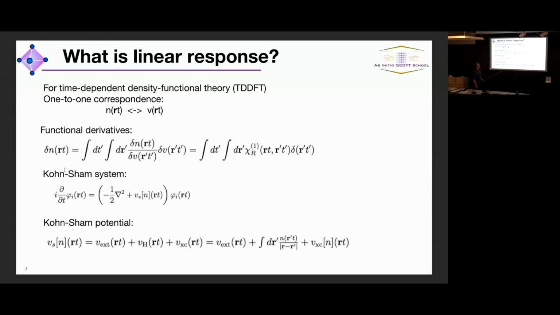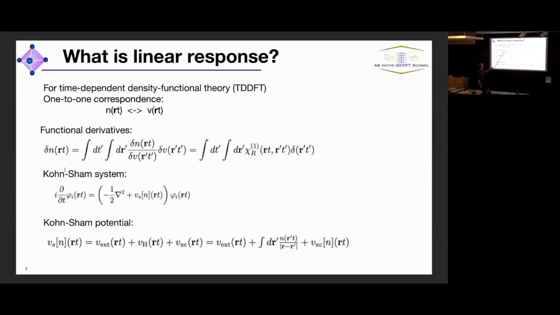And then in the DFT way, okay, there's different ways to represent that. One way to do it is in terms of the language of DFT, where everything is based on this one-to-one correspondence between density and potential, right? So these two are the ingredients in DFT or TDDFT. Then you can write down something like that, where now for the density response you have an additional object here, which you expand.